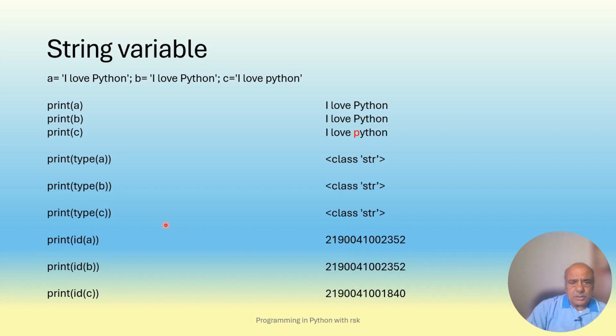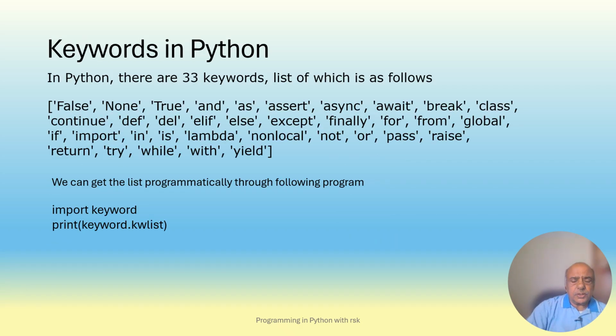So A and B are referring to the same object having an ID ending with 2352, whereas as soon as there is a change in the case of P to lowercase in Python, another object is created and that object is referenced by C. There are 33 keywords in Python.